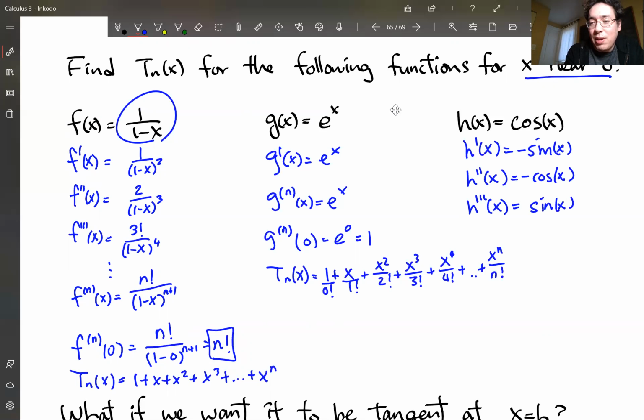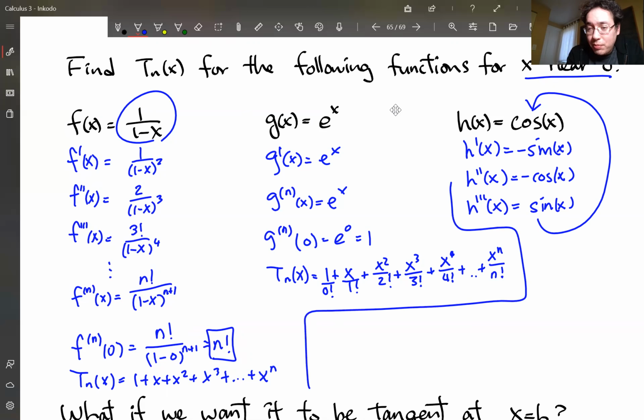And the fourth derivative is cosine. So it loops back. Every 4 derivatives, you come back to itself. So that's the pattern.